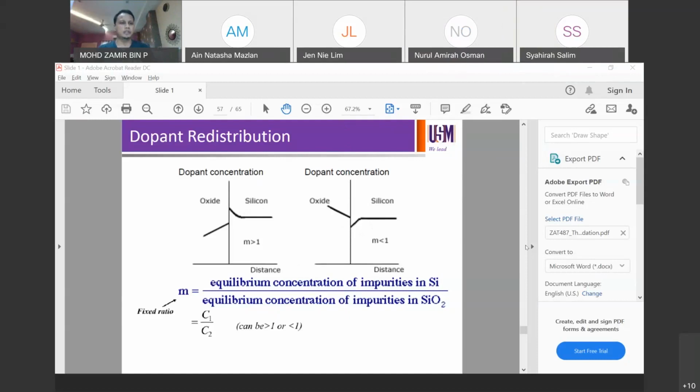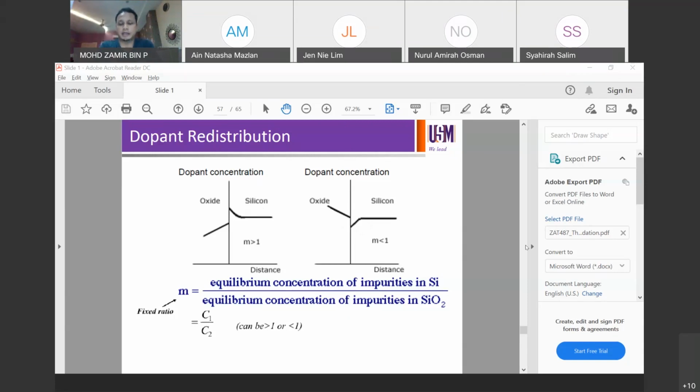Okay, so we're still in thermal oxidation, the last part. Today we're going to look at dopant redistribution during the oxidation process. By redistribution, I mean we're going to look at how the dopants change their profile and properties during the oxidation process.